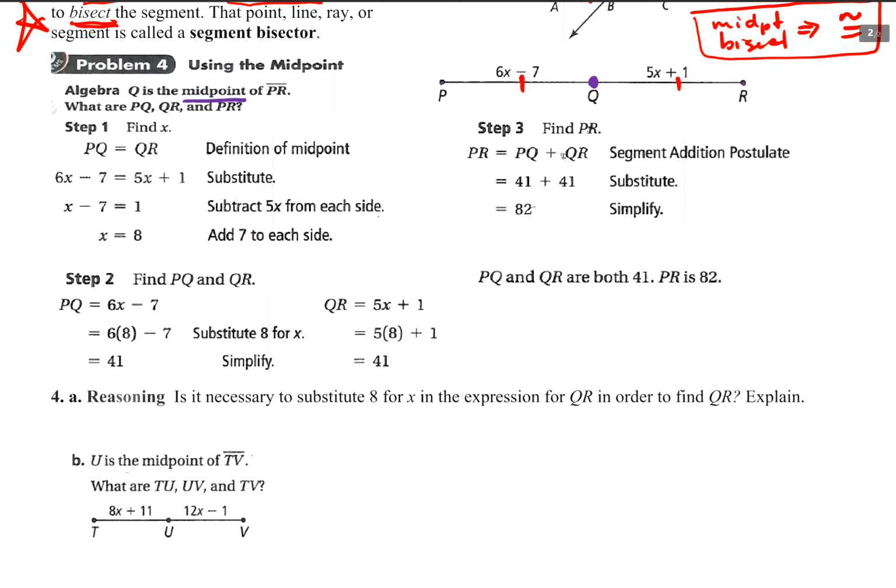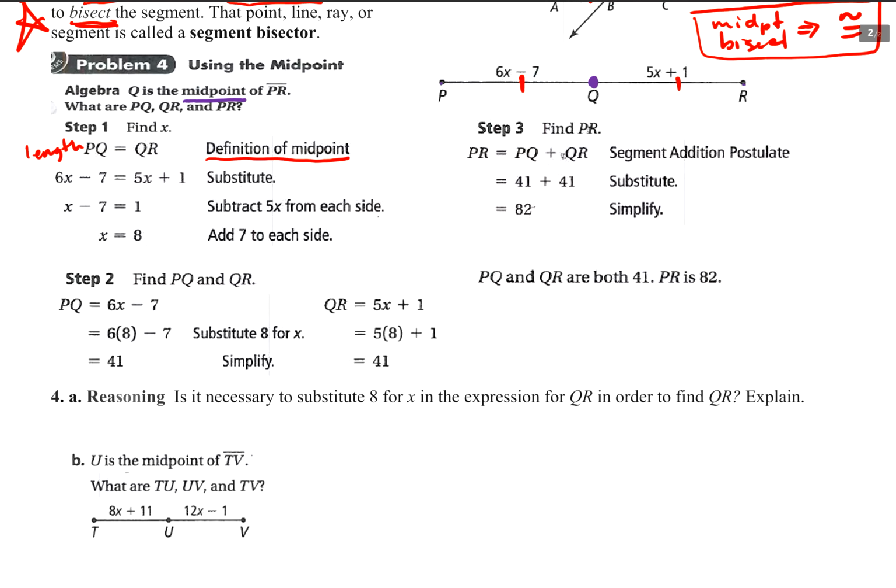And what does congruent tell us? Congruent segments have equal lengths. So we can say that the length, right, this means length, of PQ is equal to the length of QR. This is the definition of midpoint.